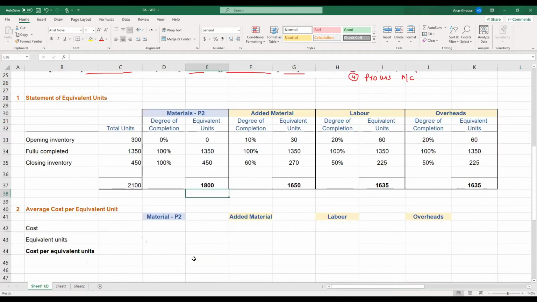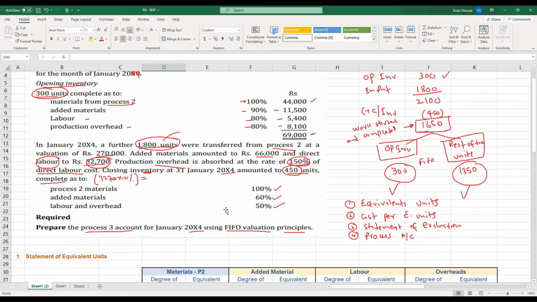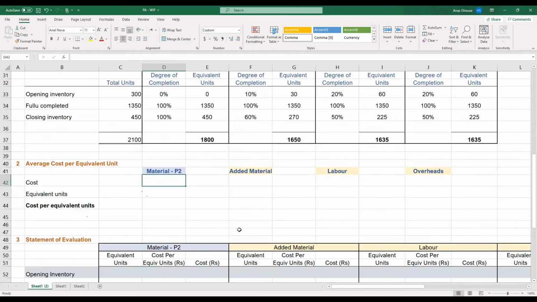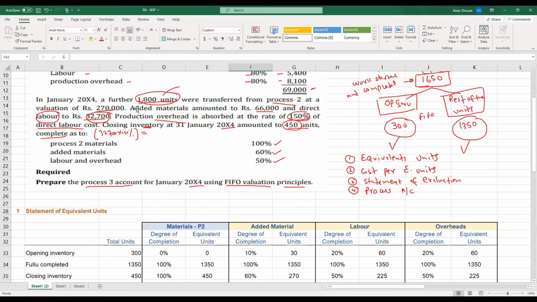Now the second step is to calculate the average cost per equivalent unit. First we'll take the respective cost under each category. Material, we are given 270,000. Added material amounted to 66,000.